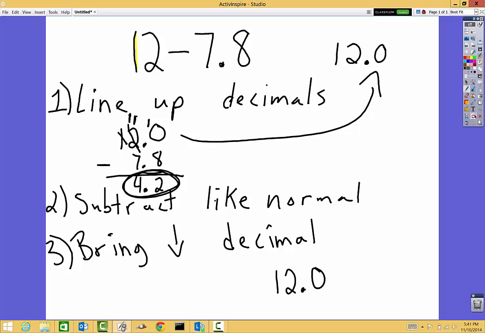We're going to do one more, then we'll be done. So my last problem, let's focus on this. I have 13.2 minus 7.11. So step number 1 is what again?